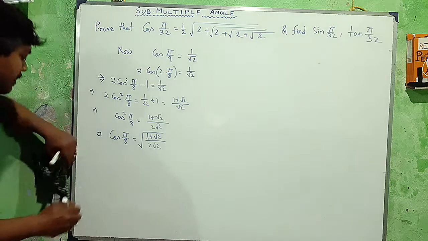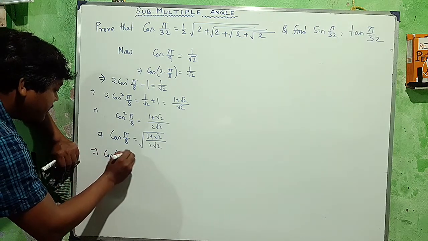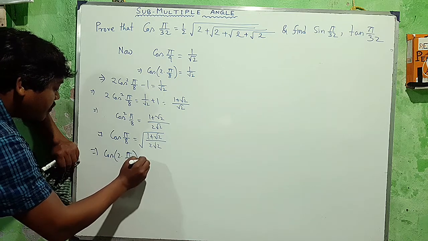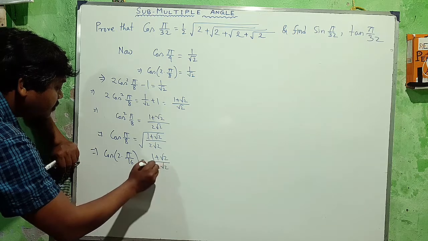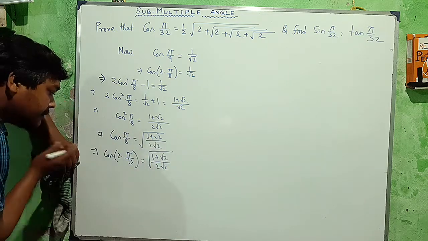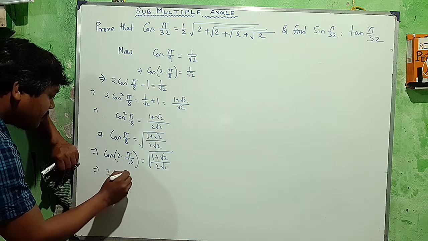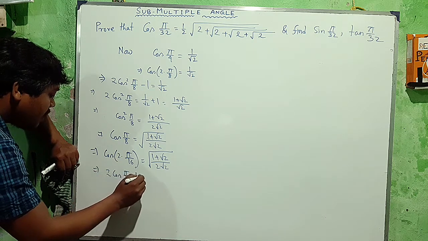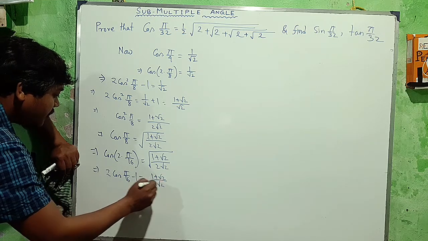So similarly, cos 2 into pi by 16, you can write down square root of 1 plus root 2 by 2 root 2. So that gives 2 cos square pi by 16 minus 1 equals square root of 1 plus root 2 by 2 root 2. Alright?